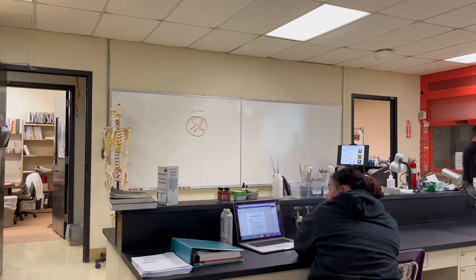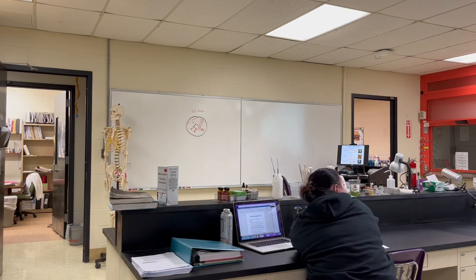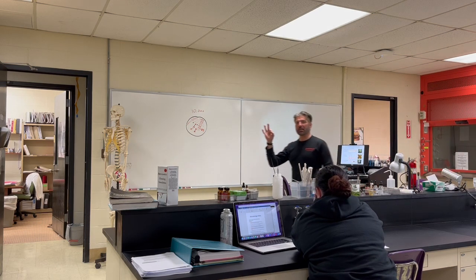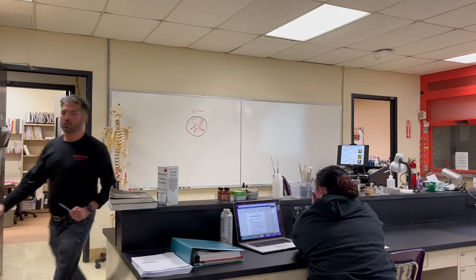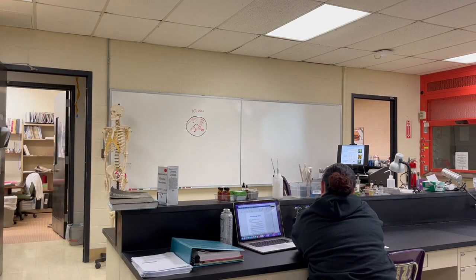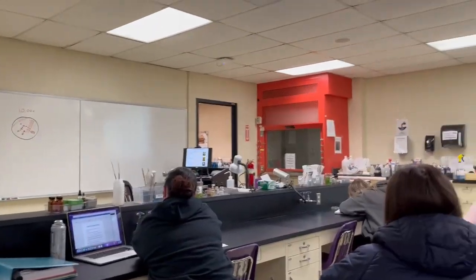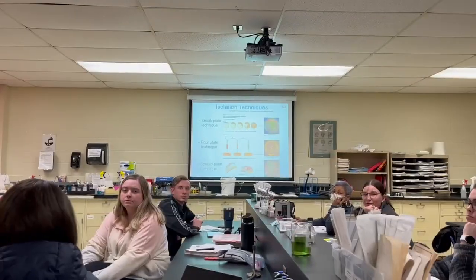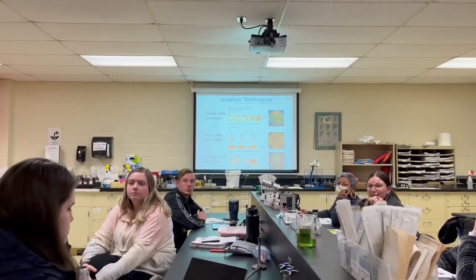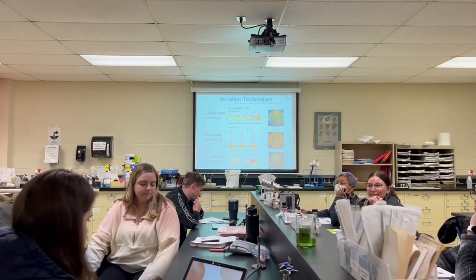But the problem with that is they're going to have different colonial morphology. I used that term last week. Colonial morphology means colony, and what does morphology mean? Different shape and color.